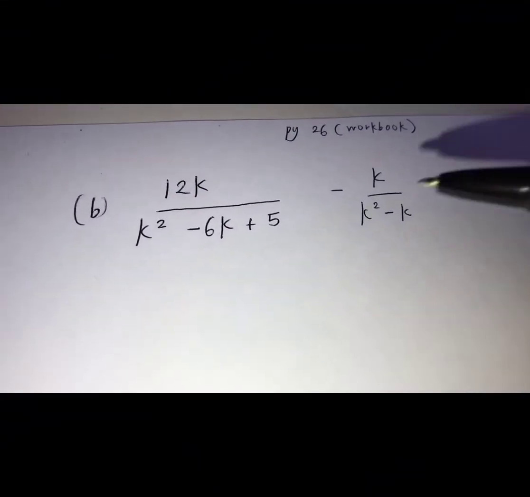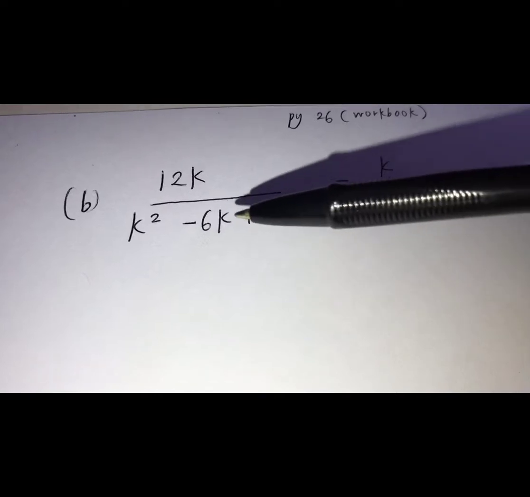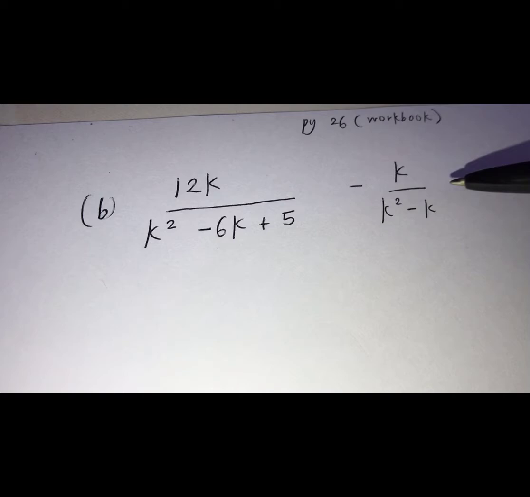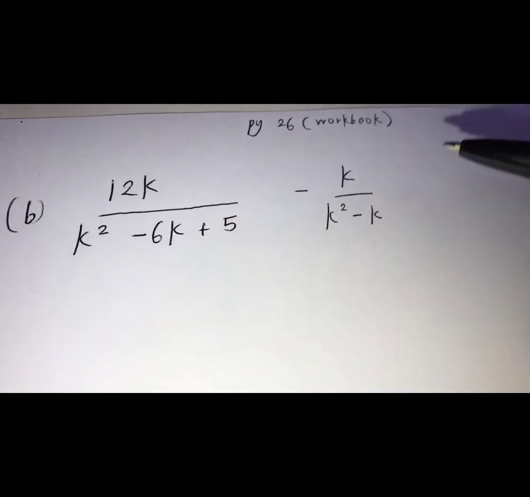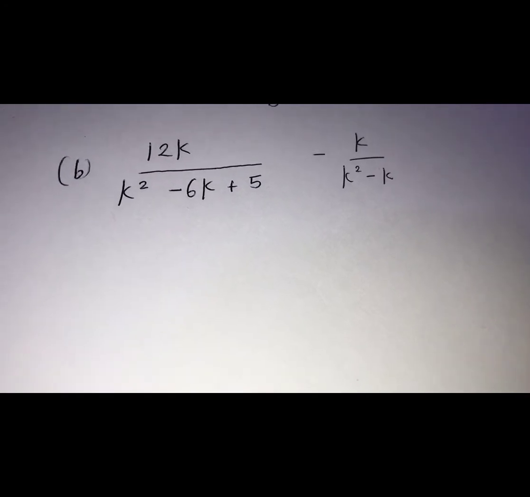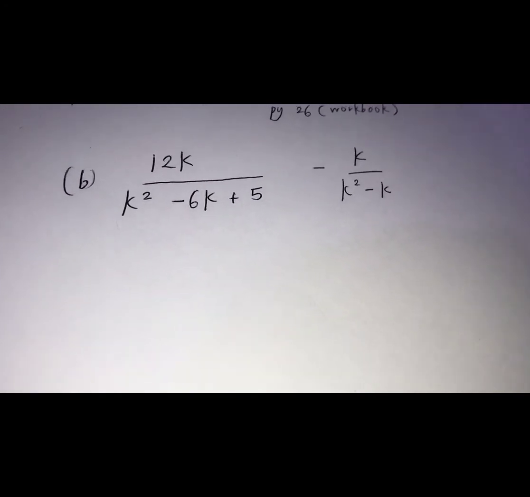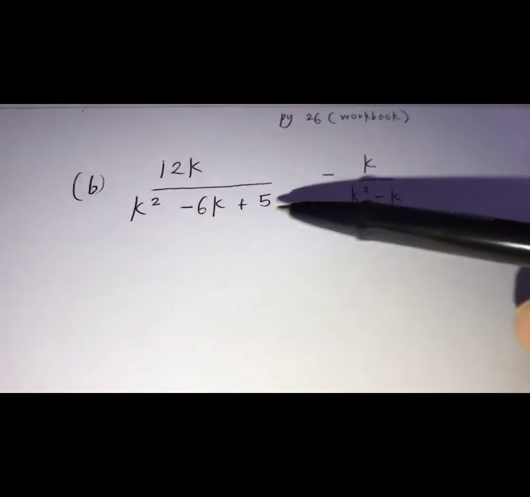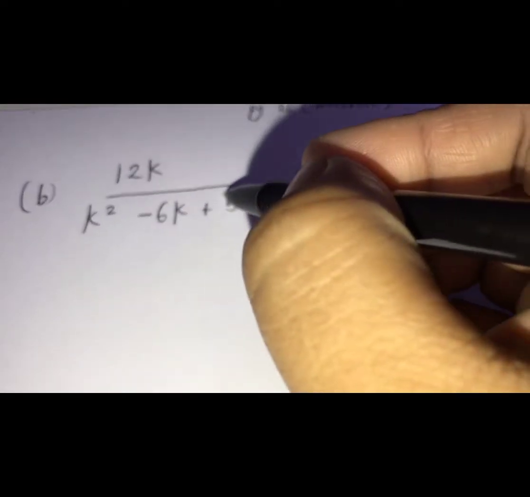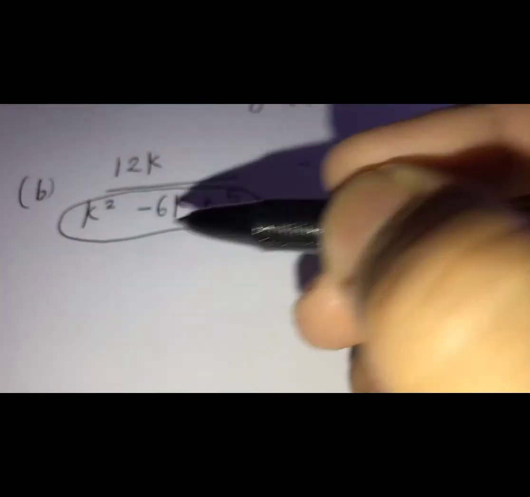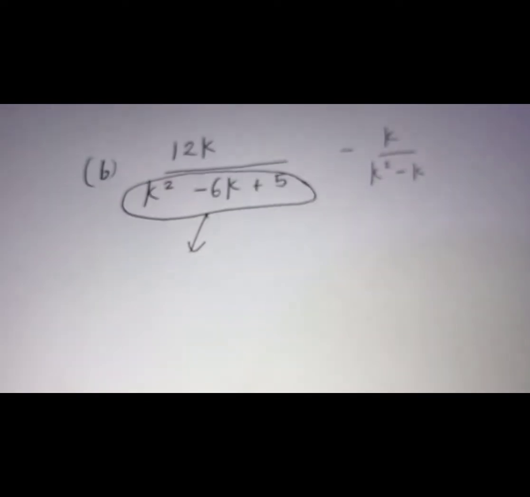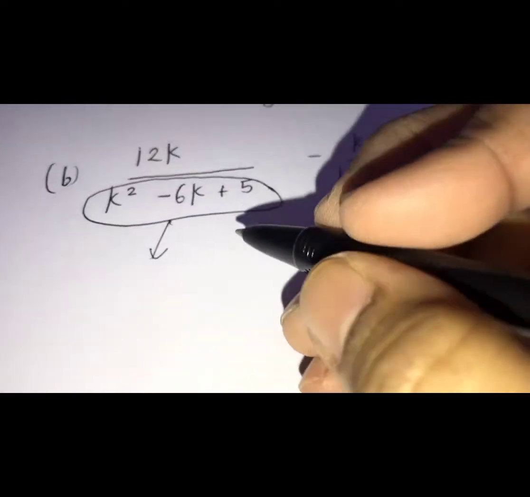Now next question. Question B, page 26. 12k over k square minus 6k plus 5 minus k over k square minus k. When you look at this question, you automatically know the pattern of the question here. The pattern k square minus 6k plus 5, what you have to do is factorize, using cross multiplication, right?